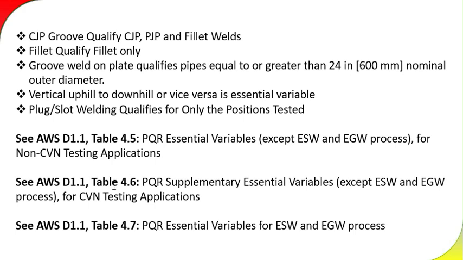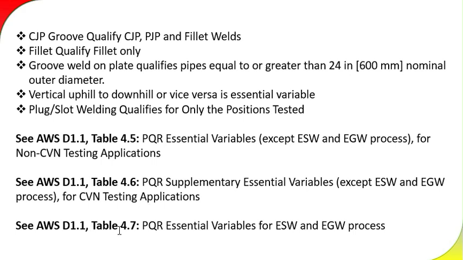If you go to table 4.6 of AWS D1.1, it gives supplementary essential variables except for ESW and EGW processes. It is for Charpy V-notch impact testing applications. So table 4.5 is non-CVN and table 4.6 is CVN.